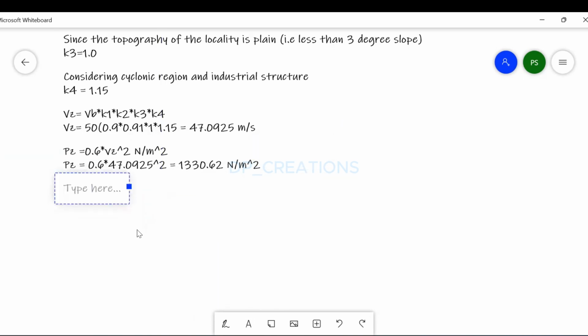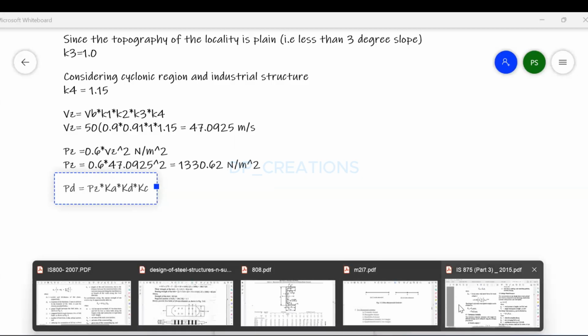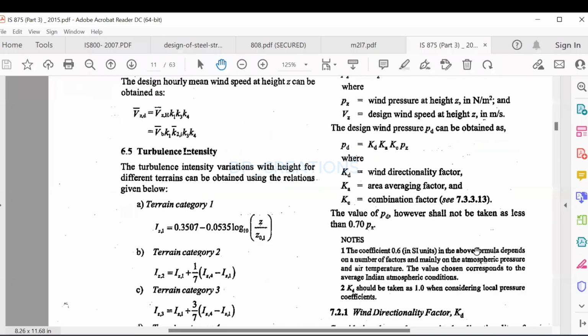Pd equals Pz into Ka into Kd into Kc. Now go to Kd.